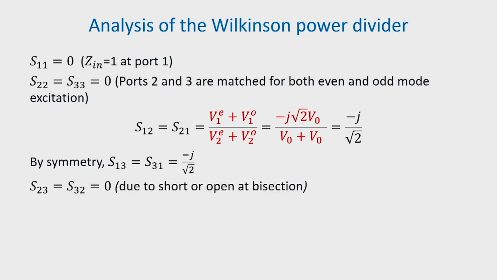We find that at the bisection we have either open or short. So, this condition will keep the port 2 and port 3 isolated.